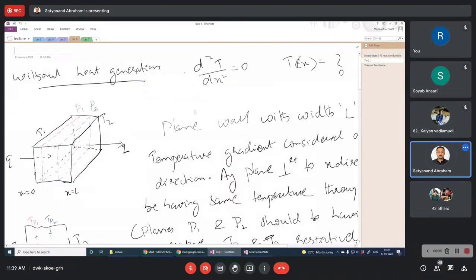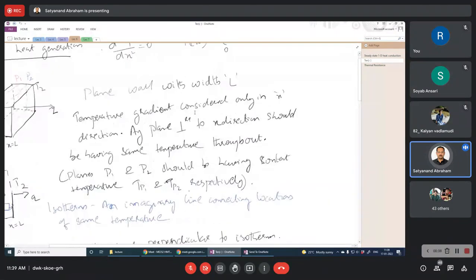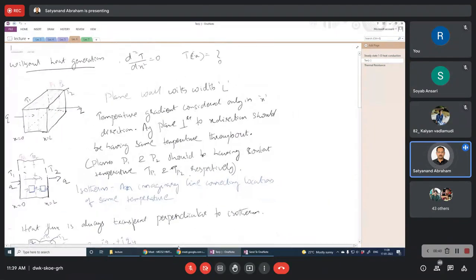Then we started to solve the equation using some boundary conditions. We said the heat flux is always perpendicular to the isotherms.